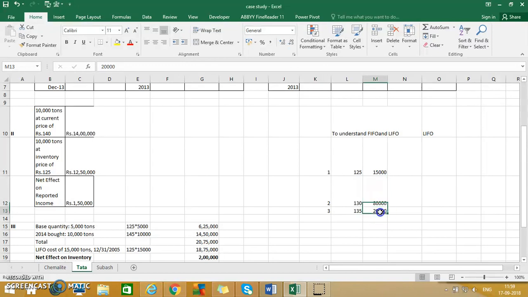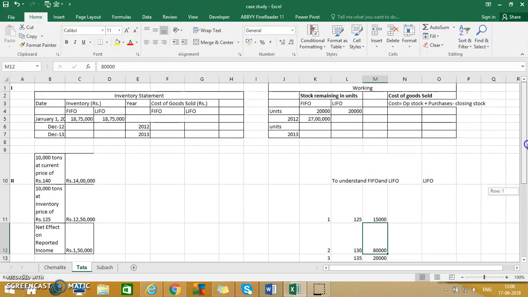So, utilize first 135 and then from 130 I utilized 75,000. So, how much am I left off with? I am left off with 5,000 units of this 130.